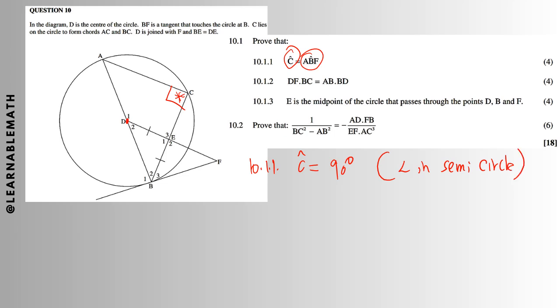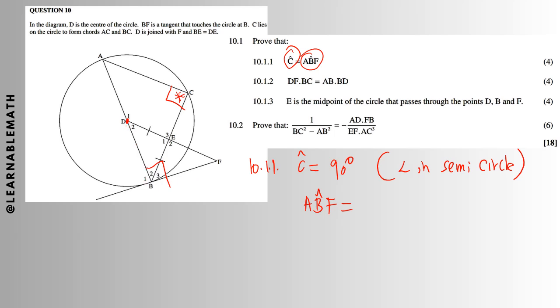Okay, so let's check what angle ABF equals. ABF is here. If you check this angle, it's between a tangent BF, because we were told BF is a tangent and we can see it, and a radius DB. We do know that a radius will always be perpendicular to the tangent.